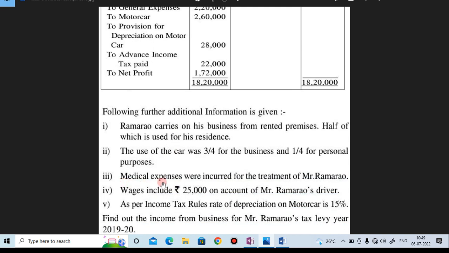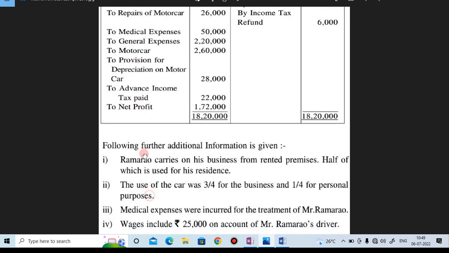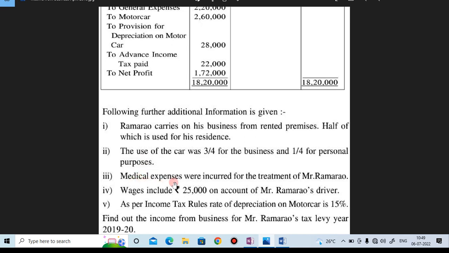Next, medical expenses were incurred for the treatment of Mr. Ram Rao, so there is an adjustment on medical expenses. Next, wages include rupees 25,000 on account of Ram Rao's driver.